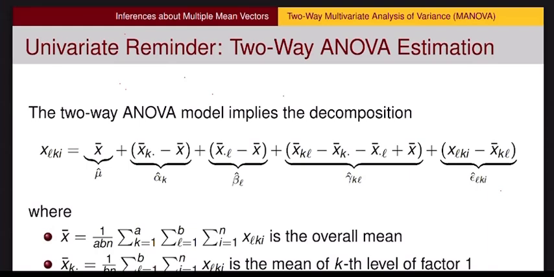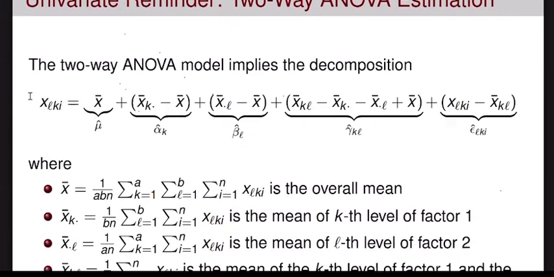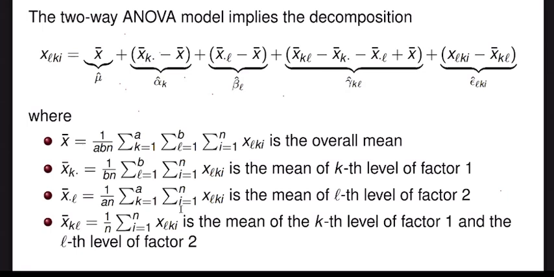So this is saying we're decomposing the particular response into the overall mean, the treatment effect for factor A, the treatment effect for factor B, the treatment effect for interaction, and the error. Okay? And of course, each of these you can see the definition here. The treatment effect is when you subtract the overall mean from the group mean.